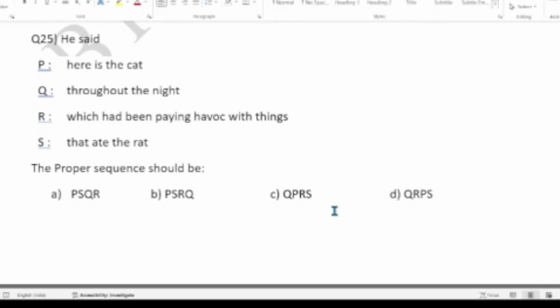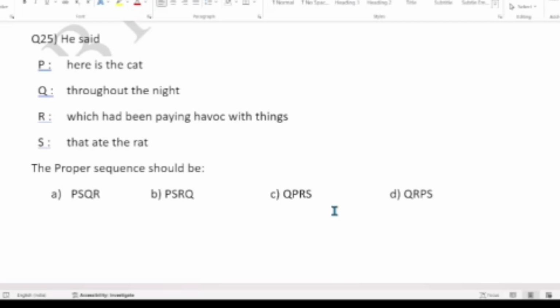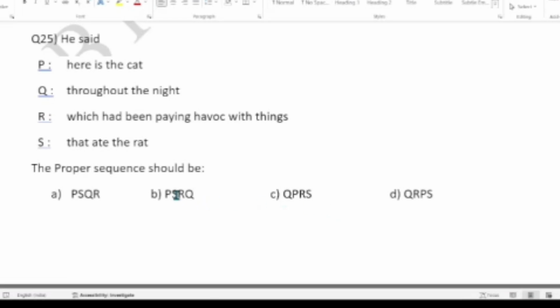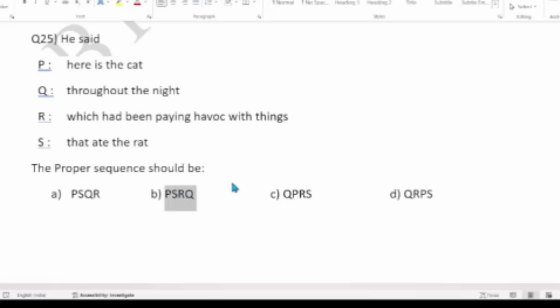He said, here is the cat throughout the night which had been playing havoc with things at the rate. He said that here is the cat at the rate which had been playing havoc with things throughout the night. So basically the correct answer of this question is PSRQ. Option number B is the correct answer.